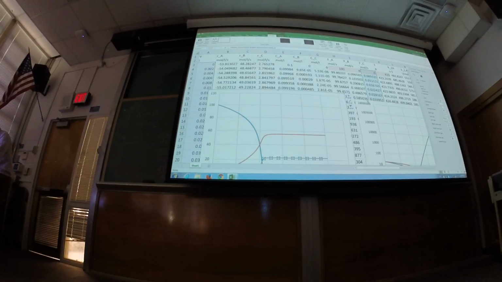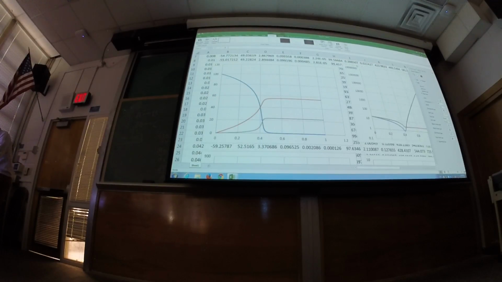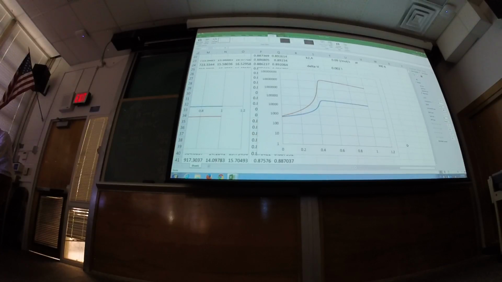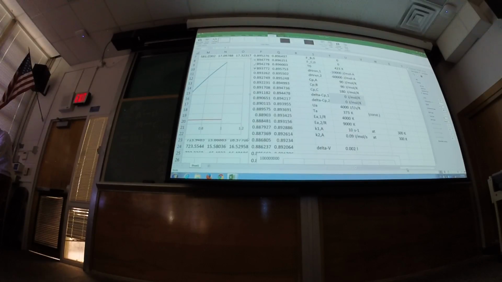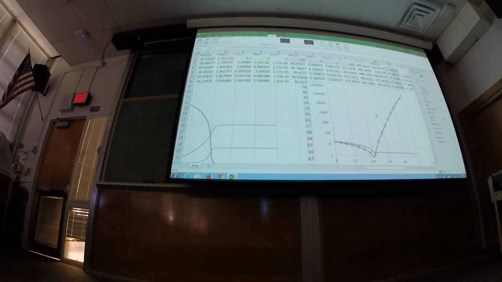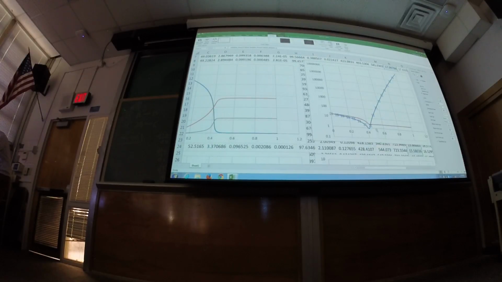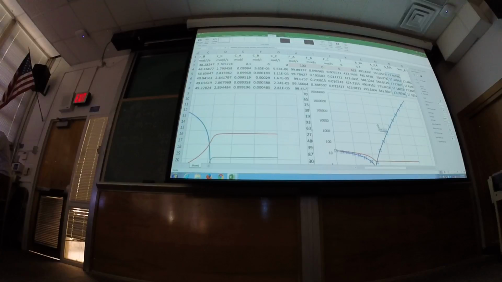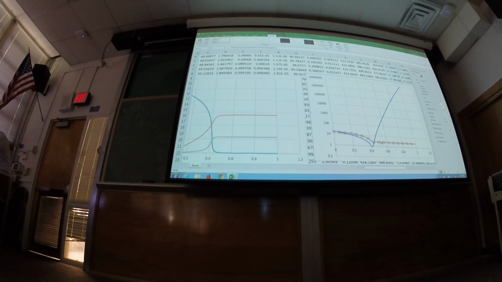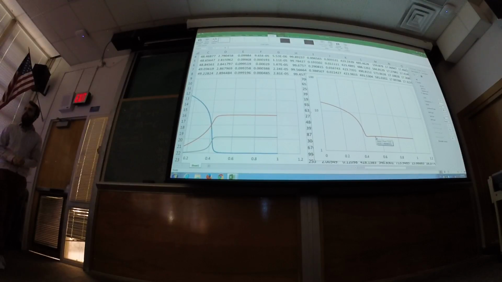But first, now I want to look at, what do I want to look at? Instantaneous. All right, let's look at the overall selectivity for the system.